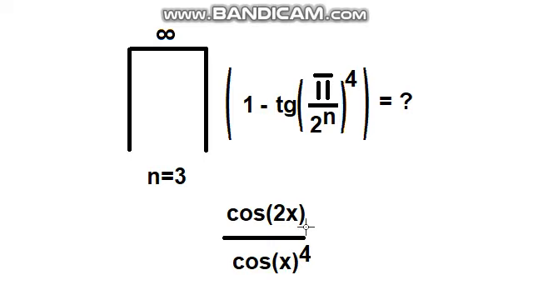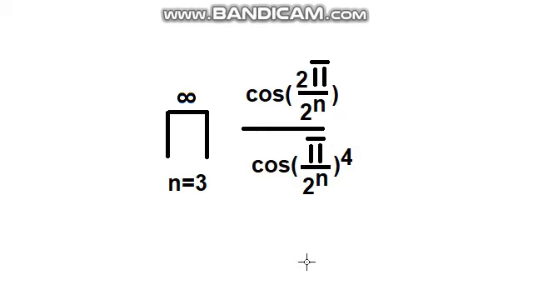Okay, let's plug it inside and go next. On the next step, I will note that it is something very interesting. The same product, but now the terms are more interesting, because we can really see it is cosine with the series 2 to the power of 3, 2 to the power of 4, and so on.